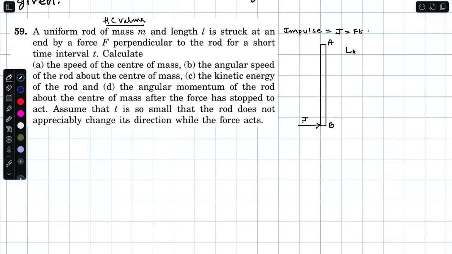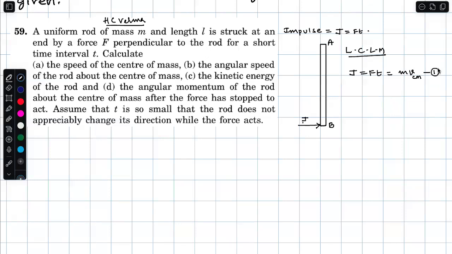So the law of conservation of linear momentum gives you the condition J is equal to F into T is equal to M V CM, equation 1. Any doubts?